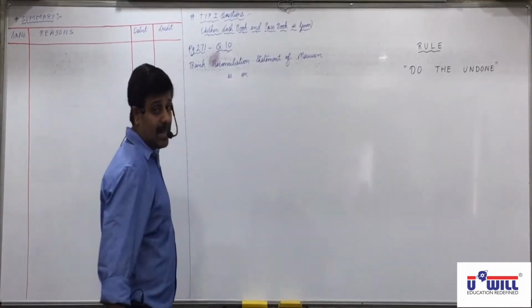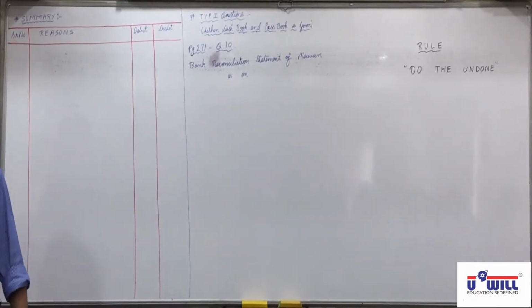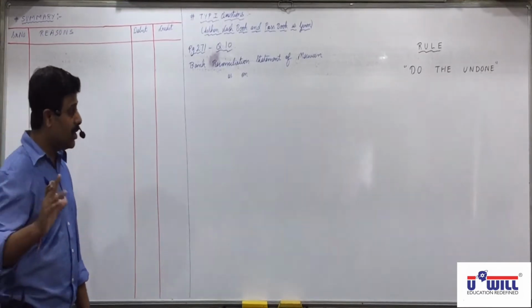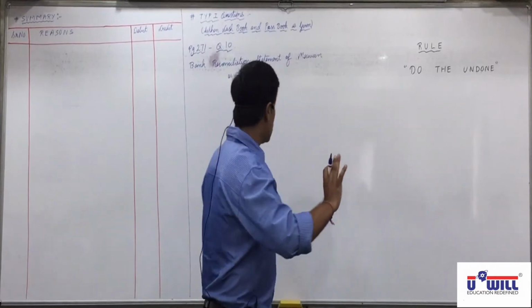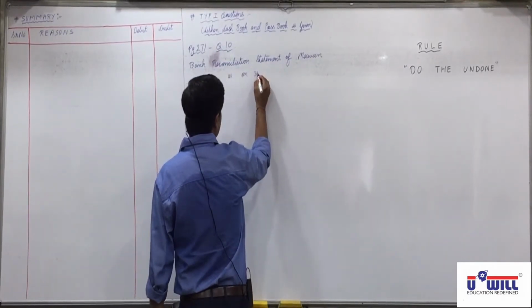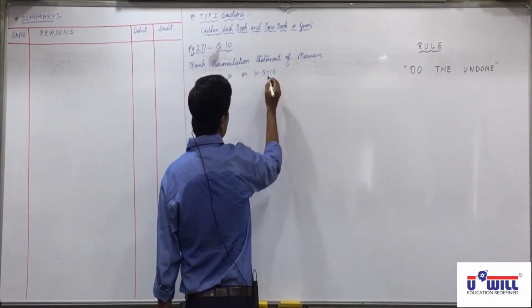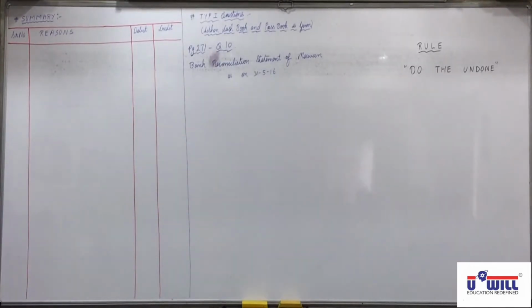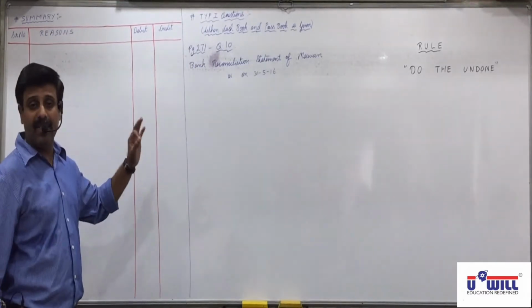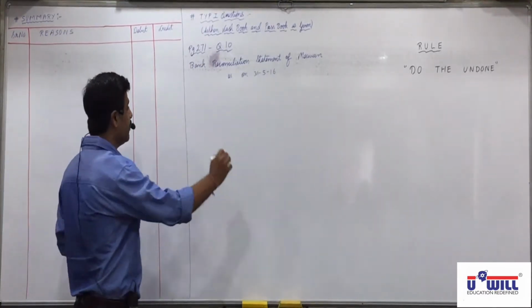When do we make this statement? On the last day of the month. Okay, after you compare cash book and passbook. Which month cash book and passbook is given? So last day of May as on 31st May 2016. Okay, heading will be bank reconciliation statement of Mac 1 as on 31 May 2016.